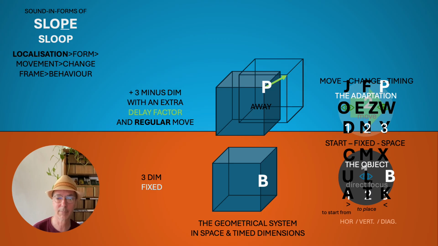So what can really be formed from this position onwards? We can translate this into a form. Or we can follow the movement, and of course then we'll see much more of what is changing. Or like in the third category, we see which frame we are following and what kind of behavior we are looking at. All these levels we can watch carefully from these letter positions onwards.